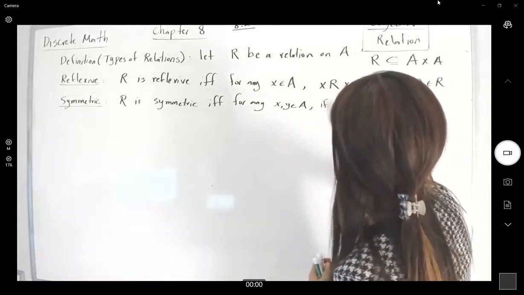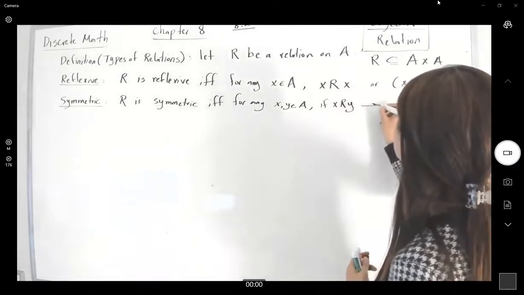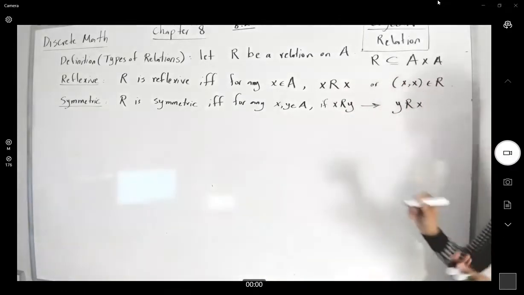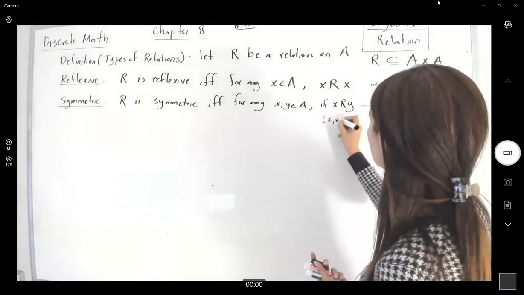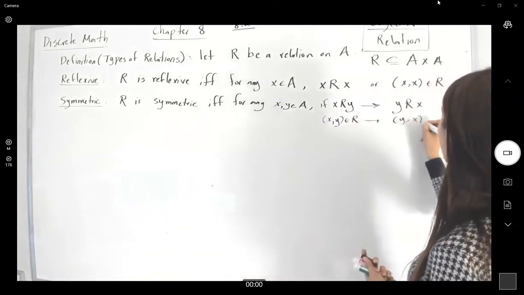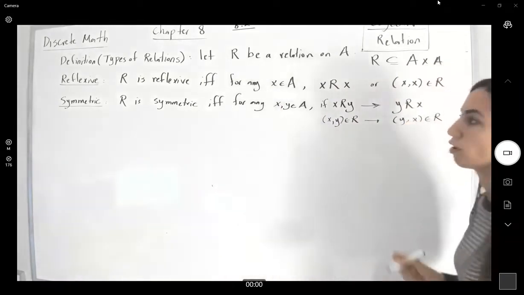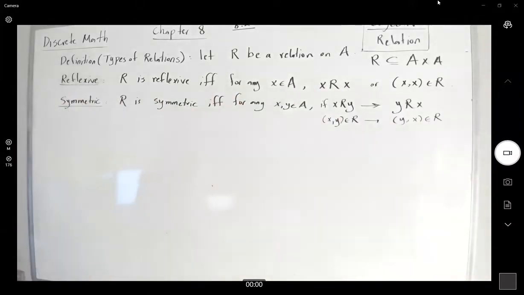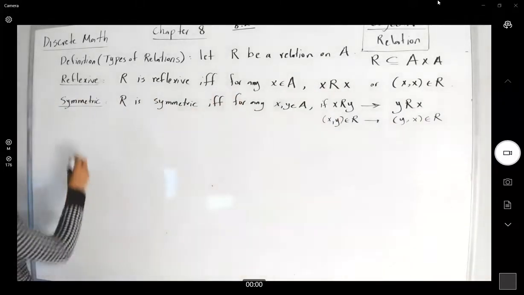Or if (x, y) is a member of R, you can conclude (y, x) is a member of R. And finally, we have transitive.